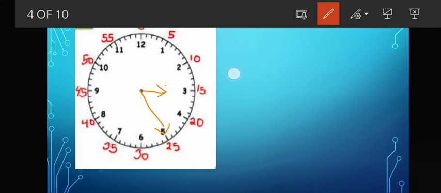So what will you write? 25 minutes past 3. So wherever the minute hand moves, you are going to mention that. This is the way we start measuring time.